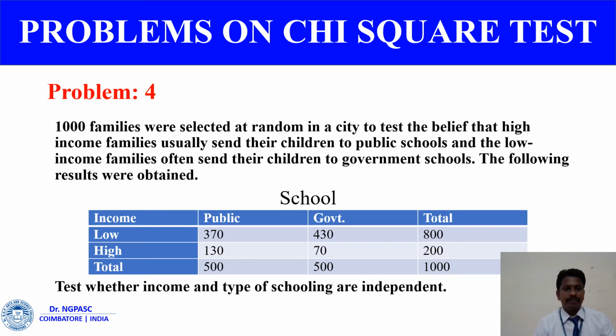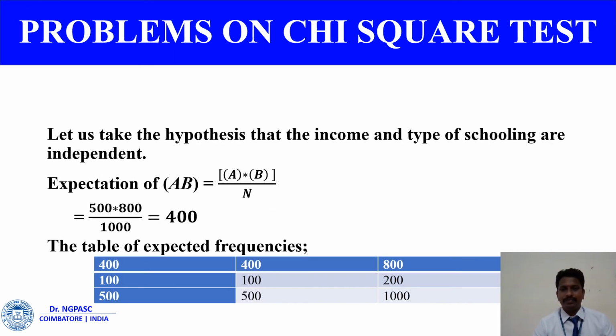In the given table, income low and high, public school, government school: 370, 430, row total 800; 130, 70, row total 200; column total 500, again 500, the grand total 1000. Total number of families 1000. Test whether income and type of schooling are independent.